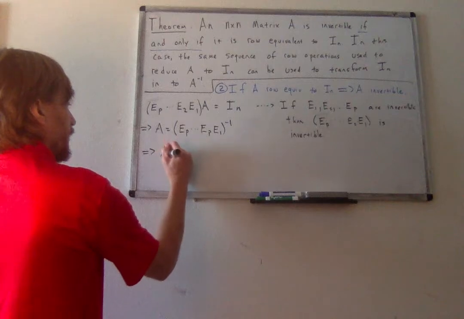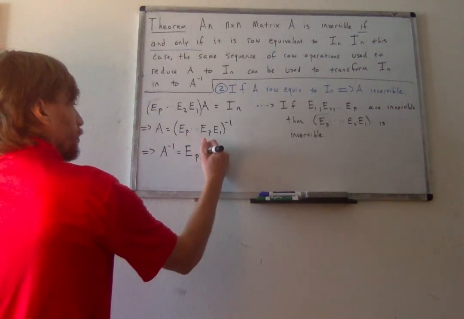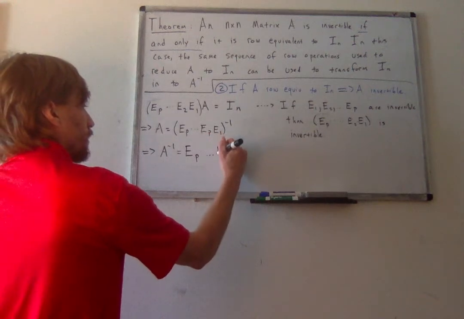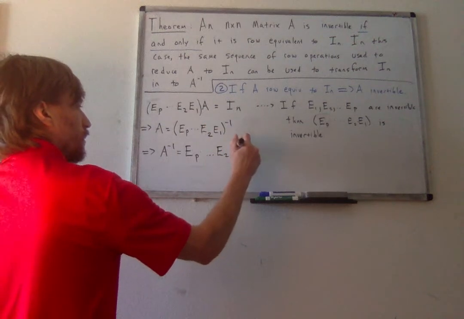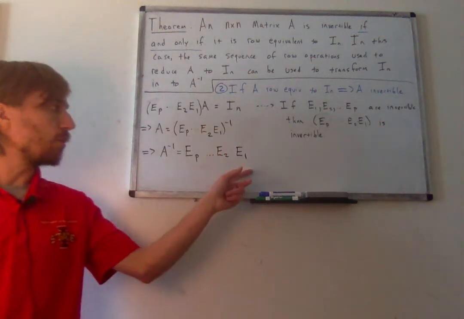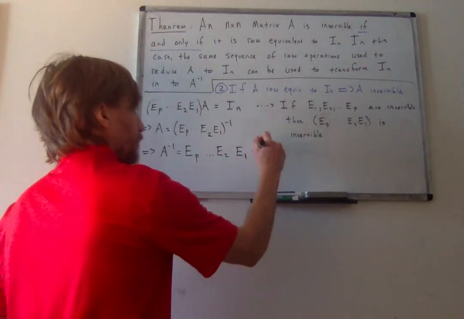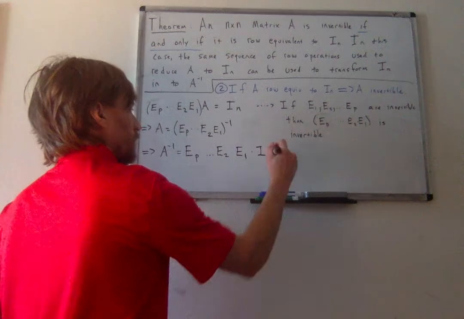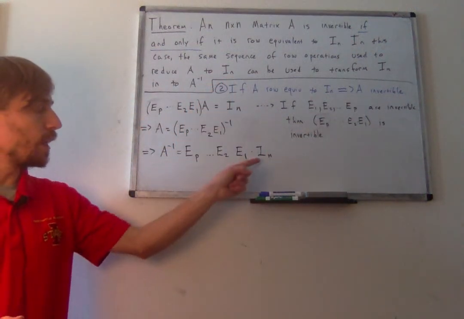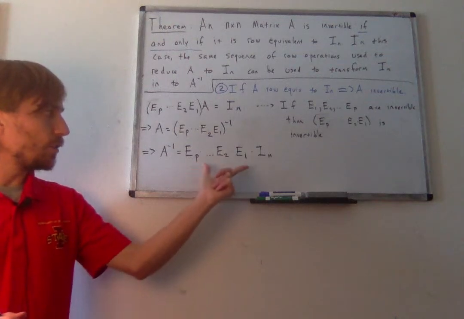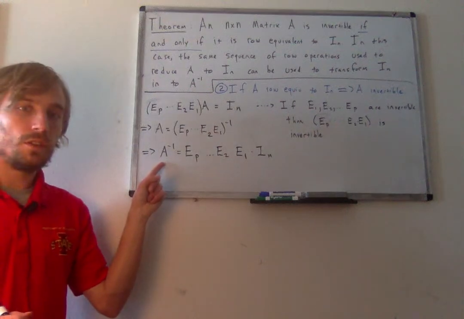And so this implies that A inverse is just equal to the product of these elementary matrices, EP through E1. Notice in particular that if I multiply the identity matrix on the right here, then this proves the last part of the theorem: this product is equivalent to performing each one of these row operations on the identity matrix to get A inverse.